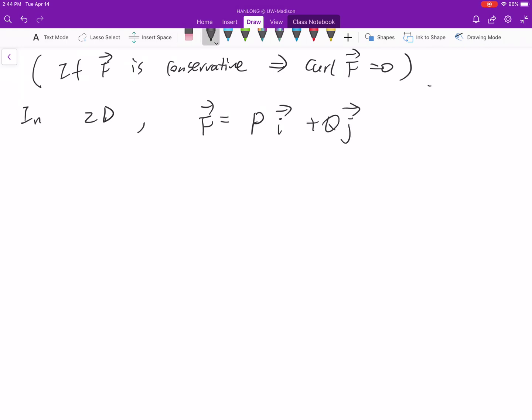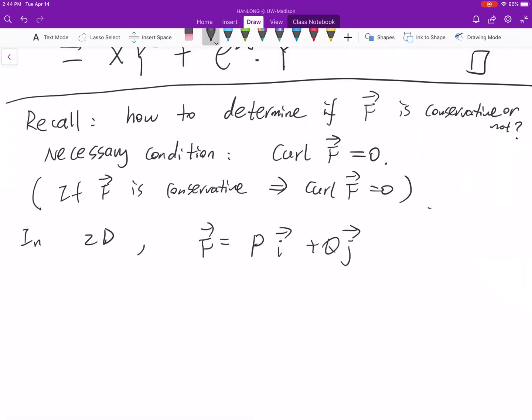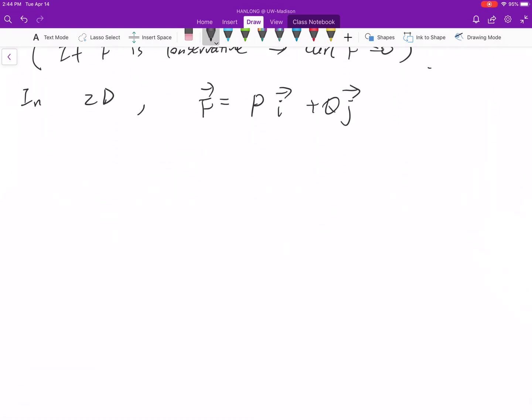To apply the formula in 3D, because we only define curl in 3D, we add 0k here. You view this vector field as a three-dimensional thing, but the last z coordinate is trivial. You are just embedding it into 3D.